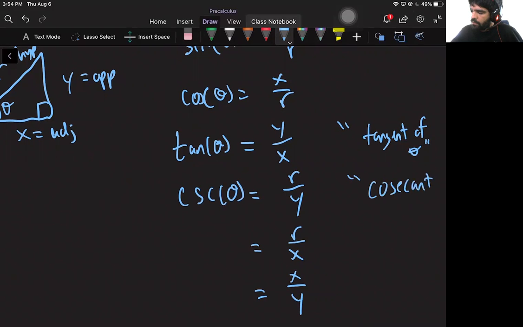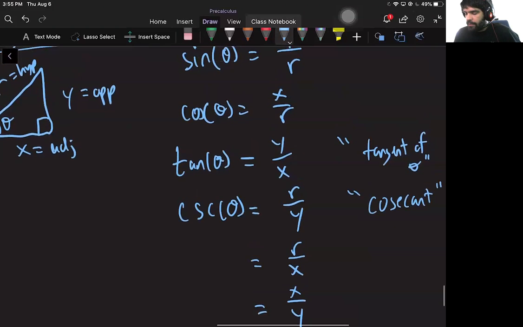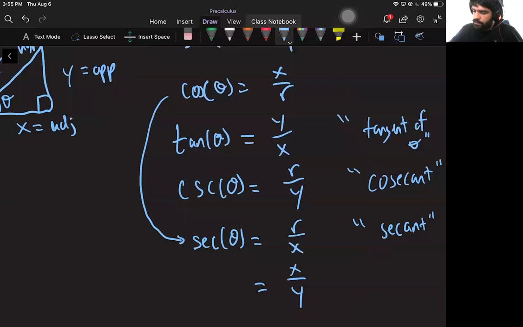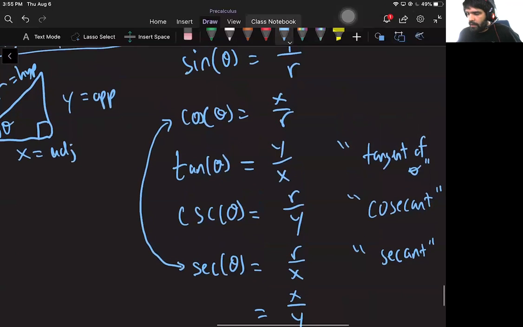And then cosine flipped over, you might think that should be cosecant because they both start with the word co, but you're wrong. Unfortunately, that one is called secant of theta. So secant is the same as cosine flipped over. And sine is the same as cosecant flipped over.